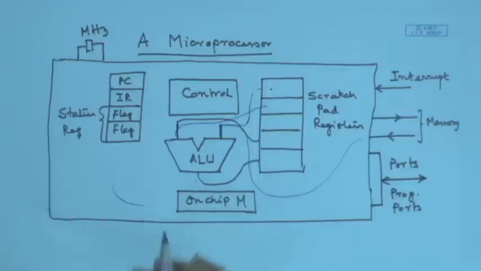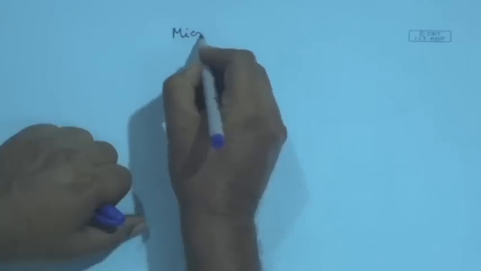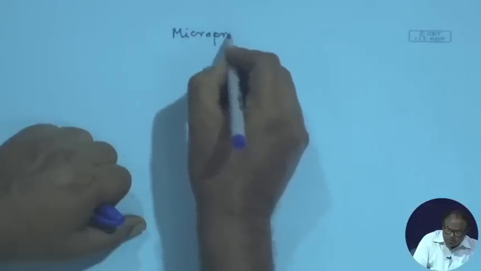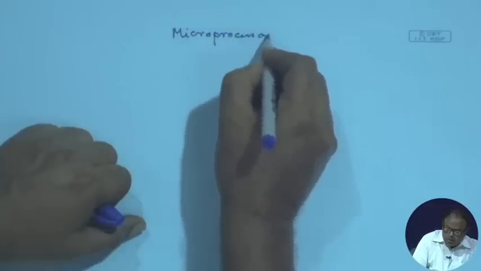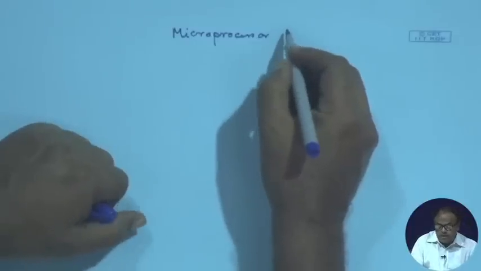So, this is how a microprocessor, which we can consider the general purpose processor, is working. Now, for an embedded system, how do we go about selecting a microprocessor? That is a very important issue when we go ahead with some embedded system design.